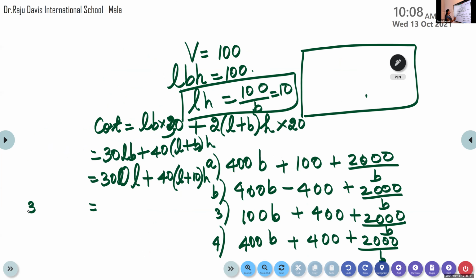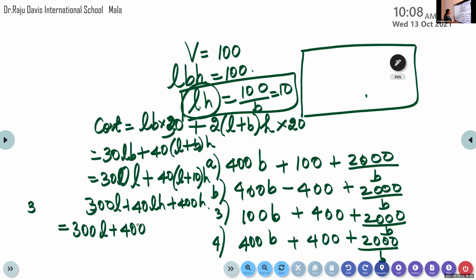So that is 300 L plus 40 LH plus 400 H. Look at here again, LH is 10. So when you substitute this value, 300 L plus 400 plus 400 H.